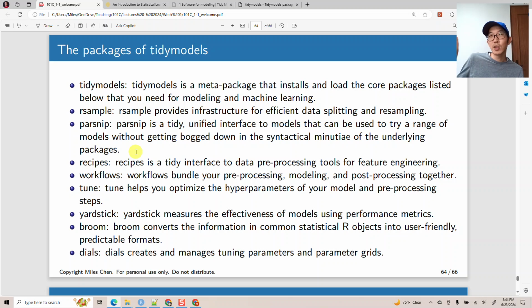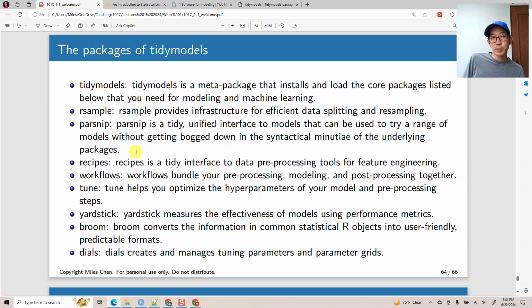So you don't have to get bothered with all the different syntax. The authors of Tidy Models are really good about regularly updating Parsnip so that it can keep accommodating new packages that get released.